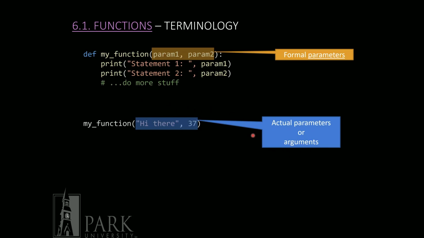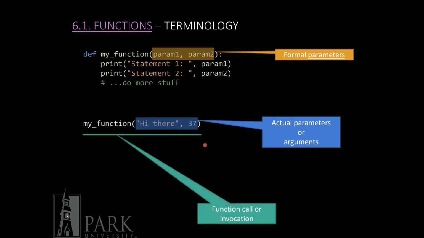You're going to see a lot where people use these terms interchangeably, but this is the actual technical definition. We have formal parameters, and then we have actual parameters or arguments. When we call the function, we say that it's a function call or an invocation. We are invoking a function.